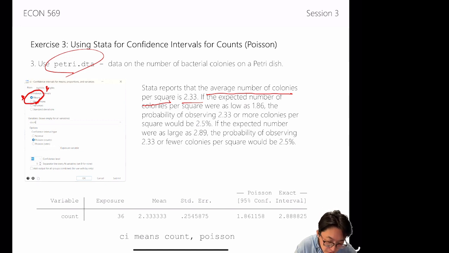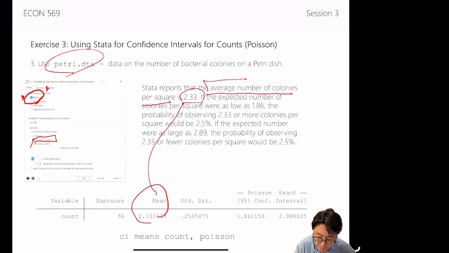But now you'd like to make this Poisson. Then Stata reports the average number of colonies per square at 2.33, so it's the mean. However, your confidence interval is what? Minimum is 0.16 and maximum is 2.88.